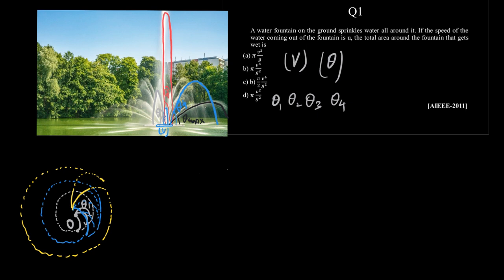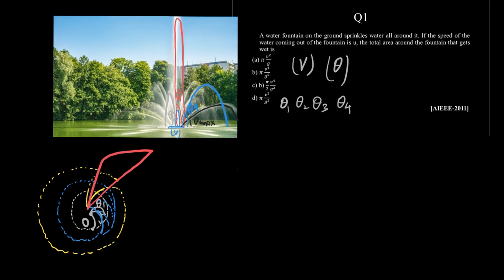We can understand that it will be wet when this value is the maximum. Now when you consider this to be a projectile, it will come like this.